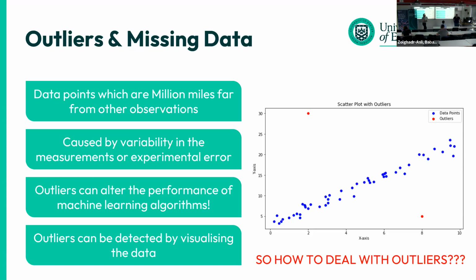So it is some kind of failure in my sensor or my strain gauge. In this case, I can apply my domain expertise and say that this is not acceptable, so it is an outlier.